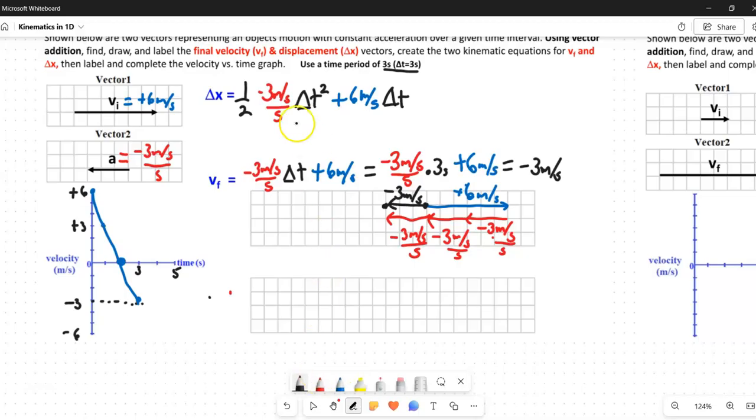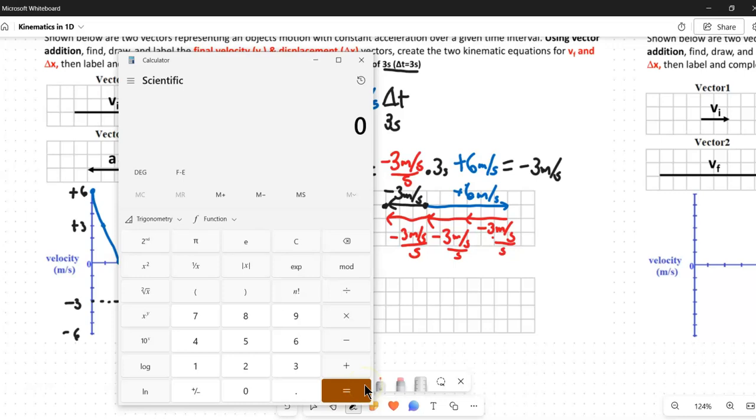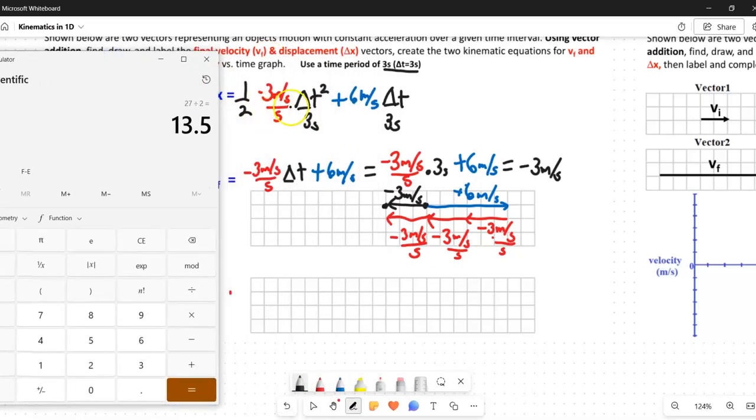If we wanted to calculate our total displacement, we're just going to plug in 3 seconds here and 3 seconds here. So 3 seconds squared is 9. 9 times 3 is 27, divided by 2, that's 13.5. So we're going to add that to 3 times 6, which is going to be, well, actually, hold on a second.